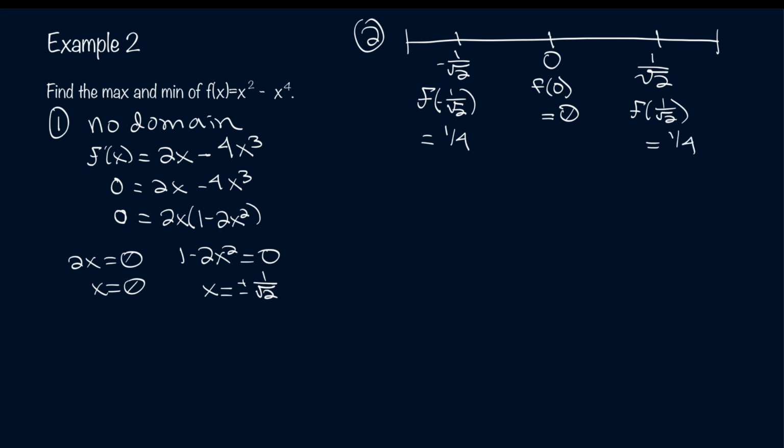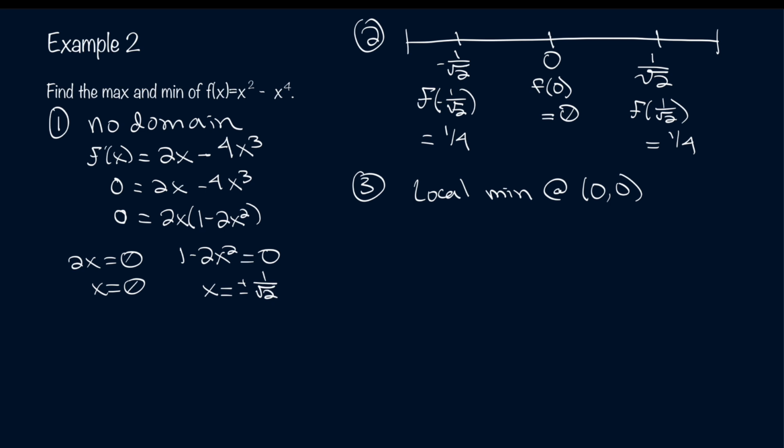So now that we found our critical numbers, and we plug them back in, we're able to say which ones are our max and which ones are our min. So we have a local min at 0, 0.